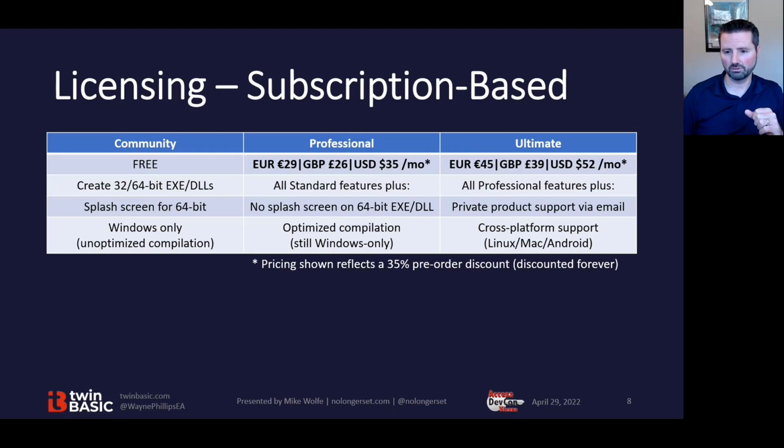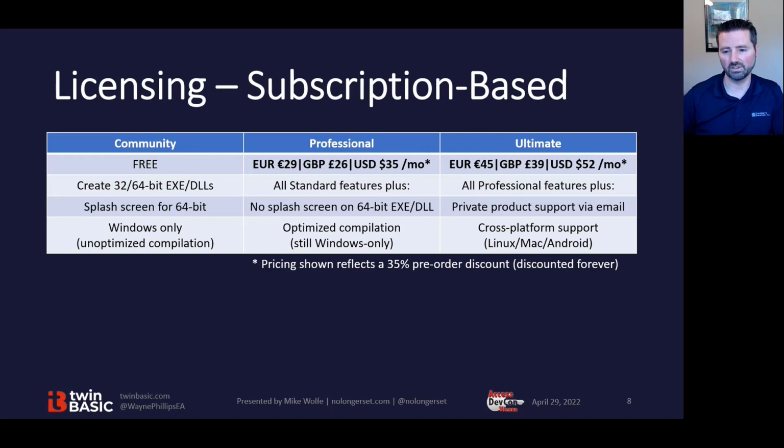So the pricing up here does reflect the current 35% pre-order discount. It is subscription based. So I've got the prices up here in euros, British pounds, and US dollars, what they currently are. And what this discount is, basically, if you order it during the beta phase, it's to encourage early adopters, and then you have that discount forever.